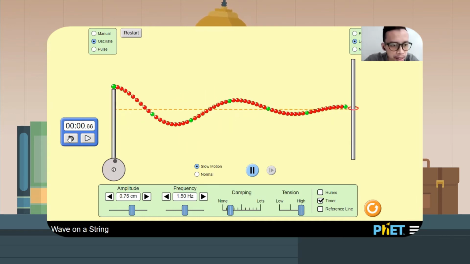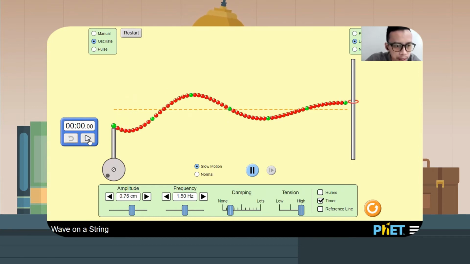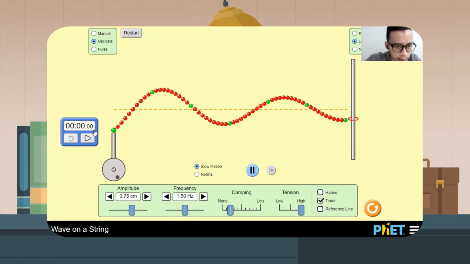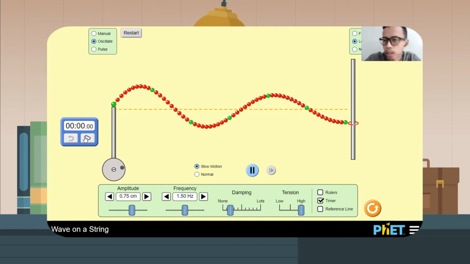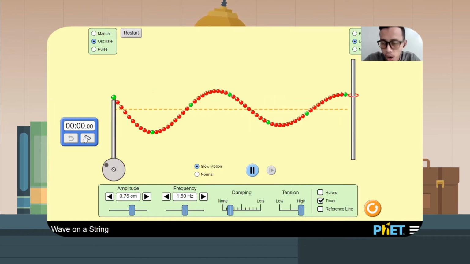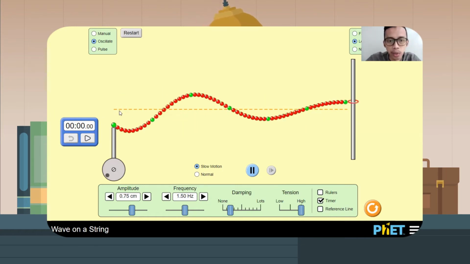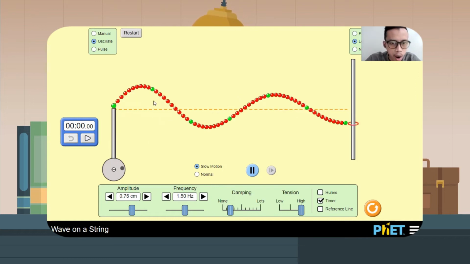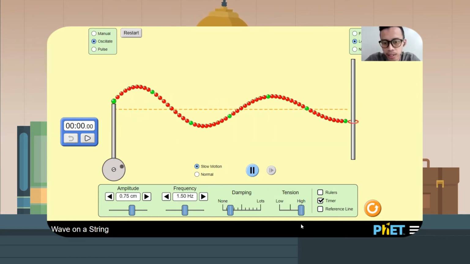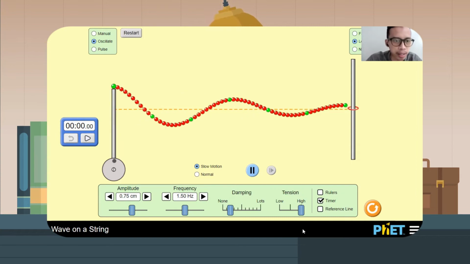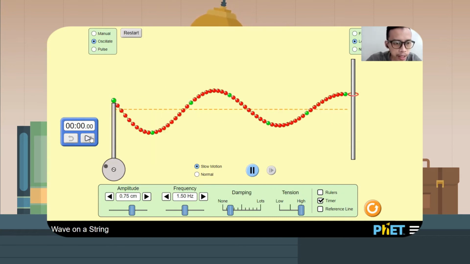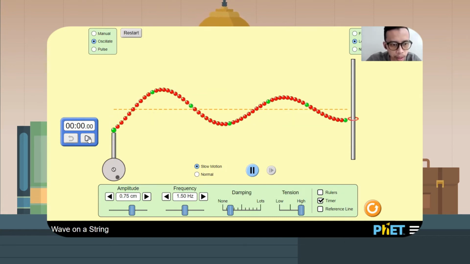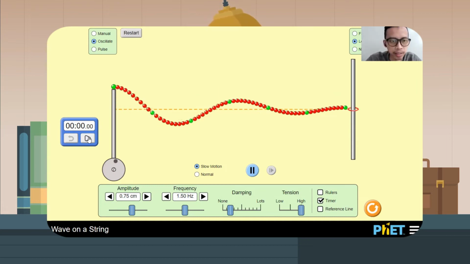So for that, I will start this stopwatch and count how many oscillations this simulation has. Only 1 second. It's really fast.